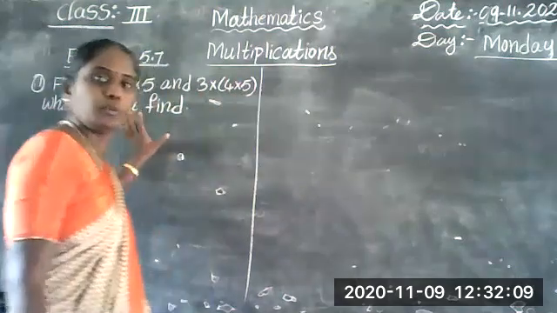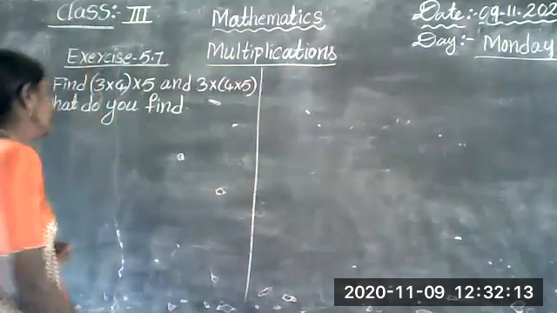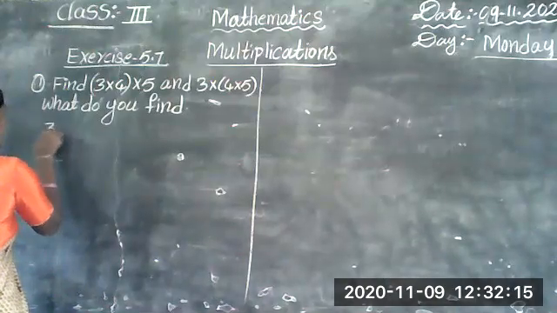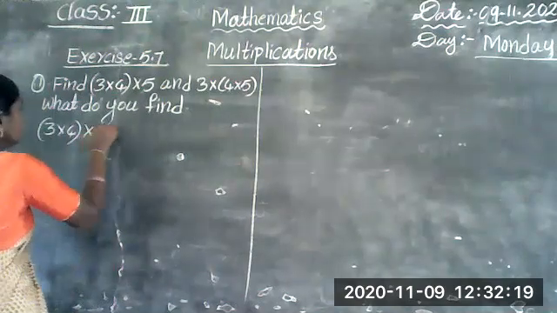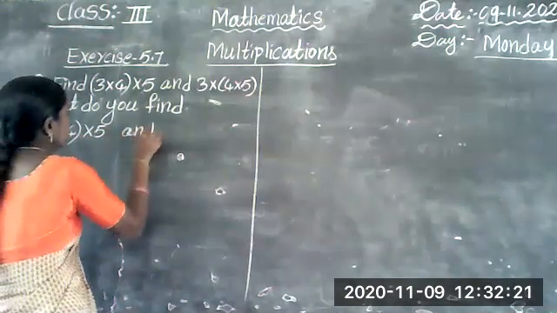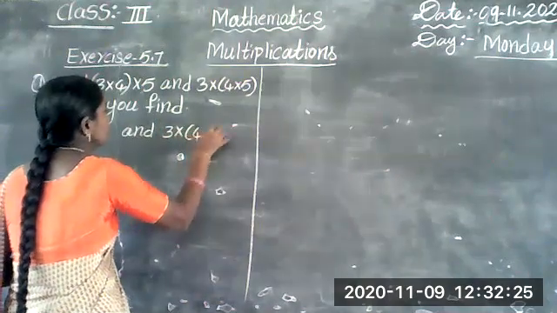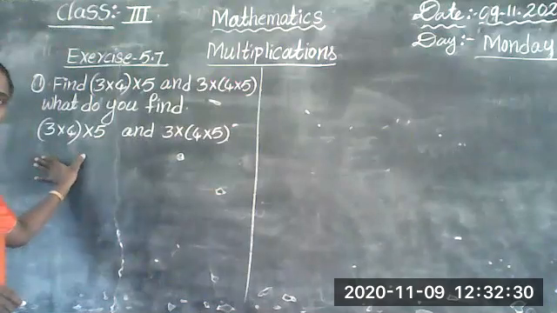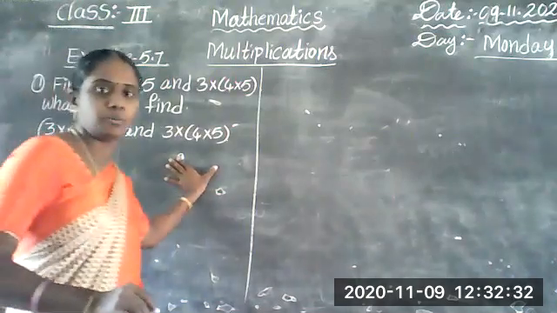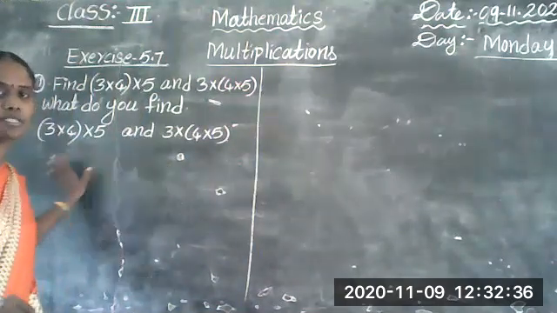Here two multiplications are given. First one, (3 × 4) × 5, and second, 3 × (4 × 5). One problem, and next another problem, but the same numbers.